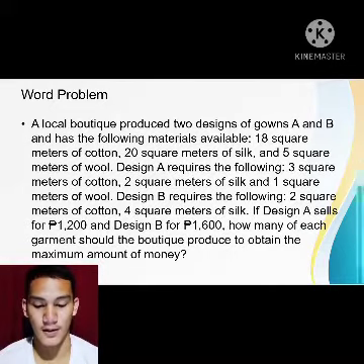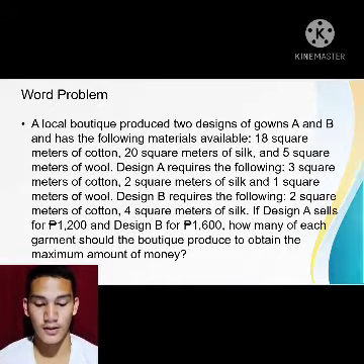Problem. A local boutique produced two designs of gown, A and B, and has the following materials available: 18 square meters of cotton, 20 square meters of silk, and 5 square meters of wool. Design A requires 3 square meters of cotton, 2 square meters of silk, and 1 square meter of wool.